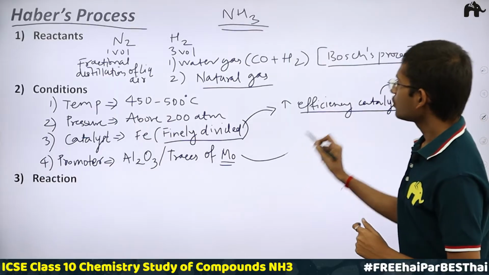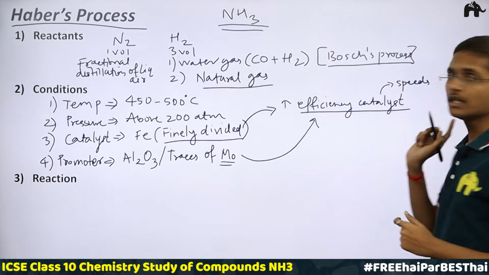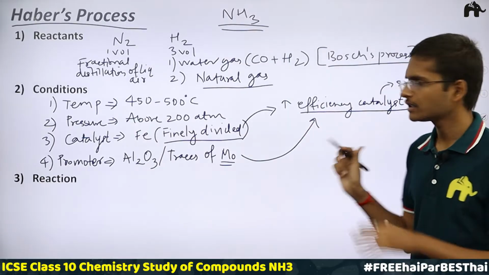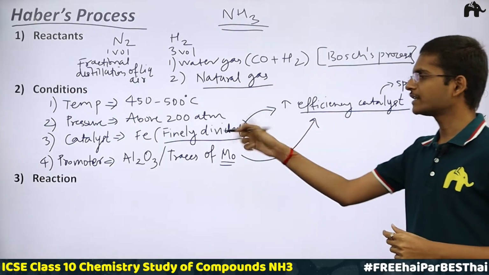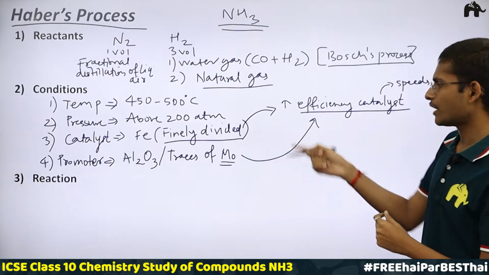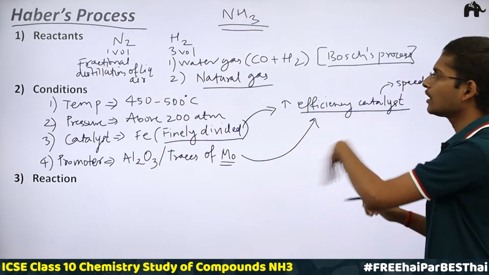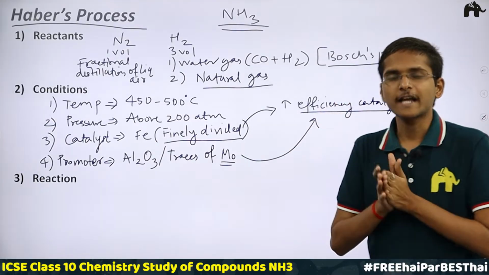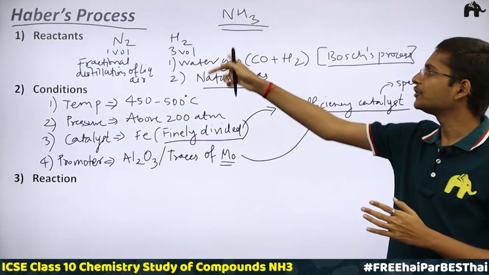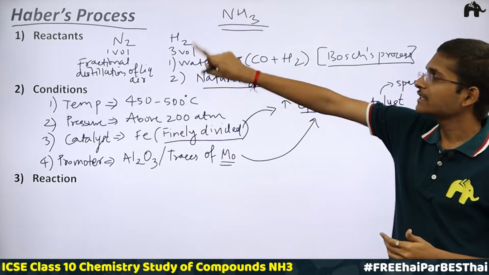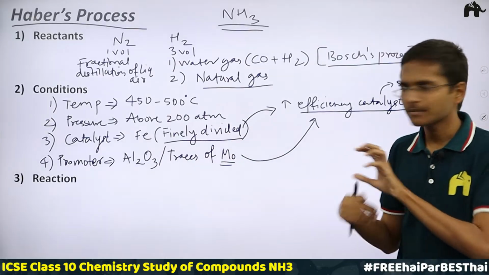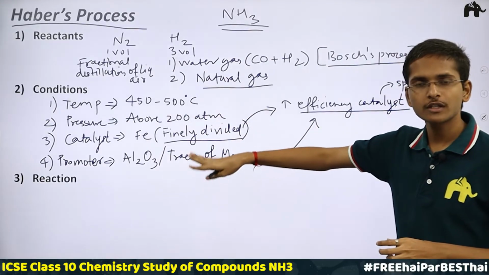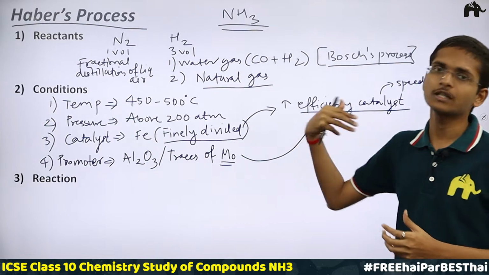So this also helps us to increase the efficiency of the catalyst, the use of promoter as well. So I have told you the significance of why we finely divide the catalyst, and why we use the promoter as well. Now apart from this, let's understand the reaction now. What is actually happening with this N2 and H2, and how actually this reaction is taking place in Haber's process. I will tell you step by step how these conditions are useful for us, how these conditions are used in the process.